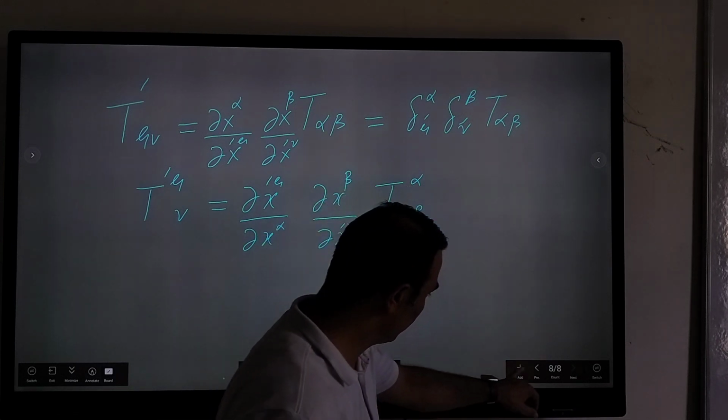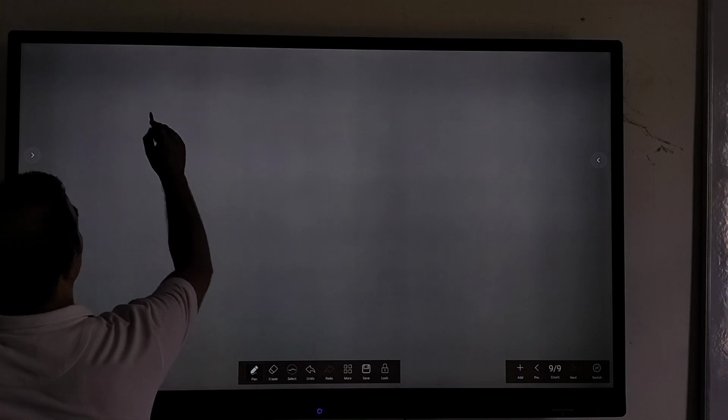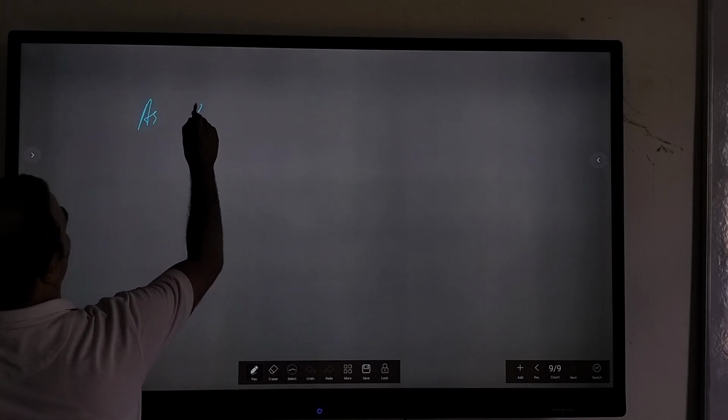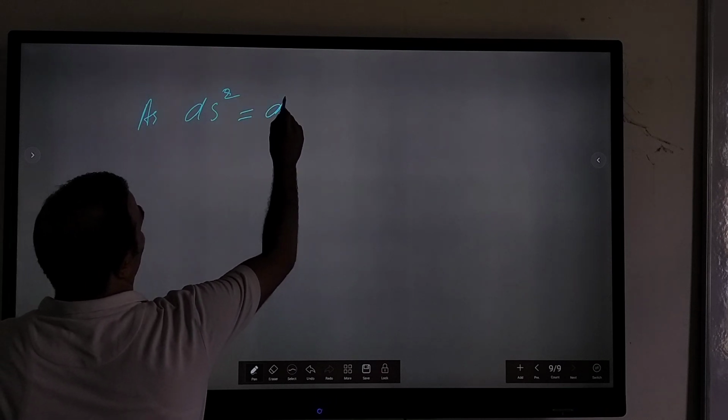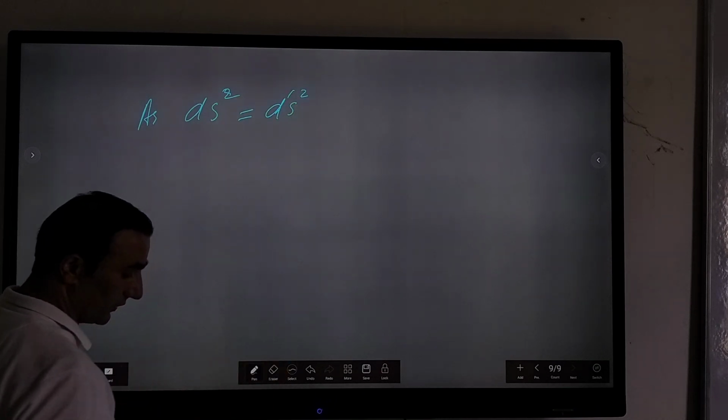So let's start. So we know that ds square. So this is very clear, right?